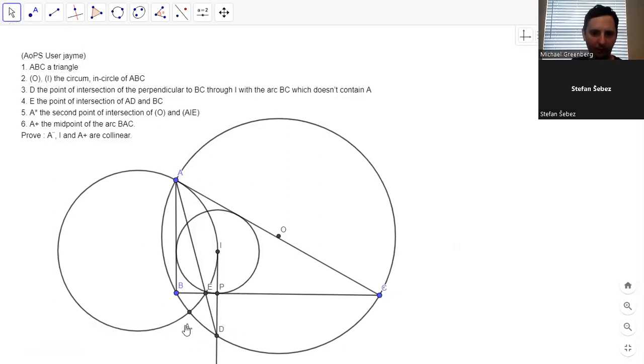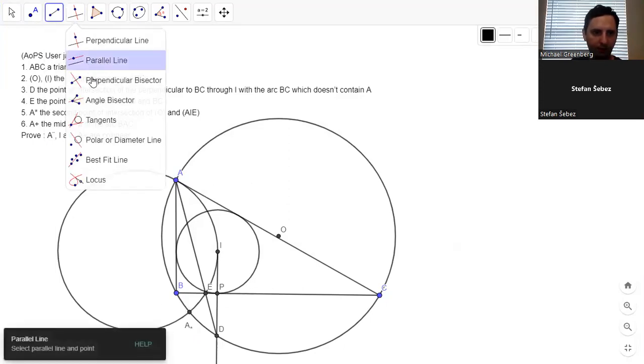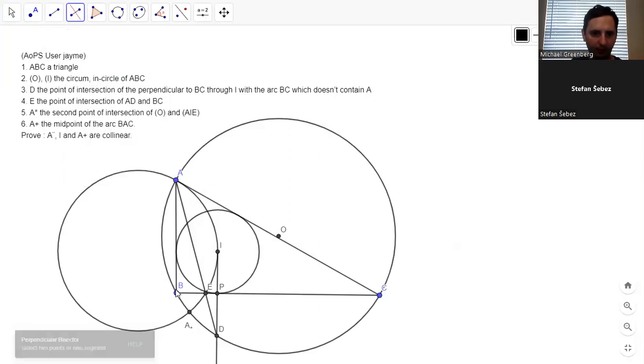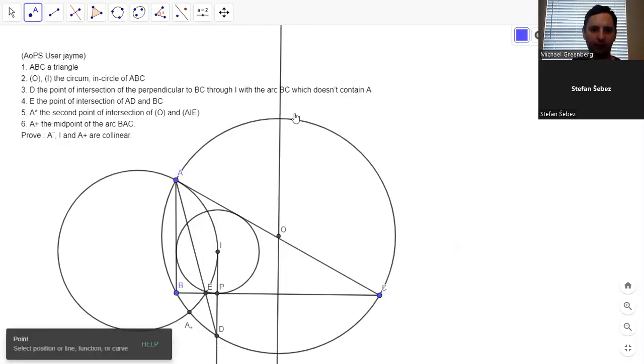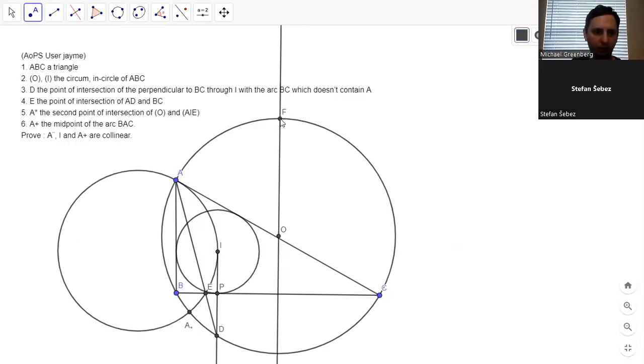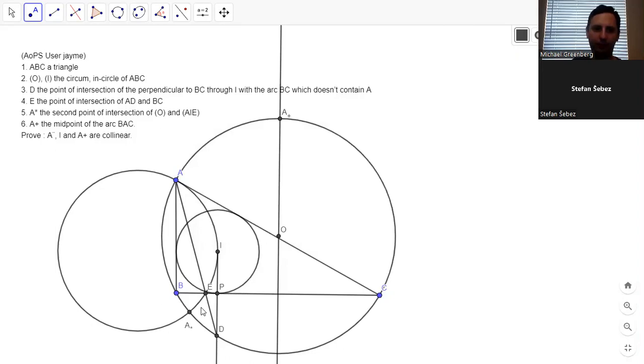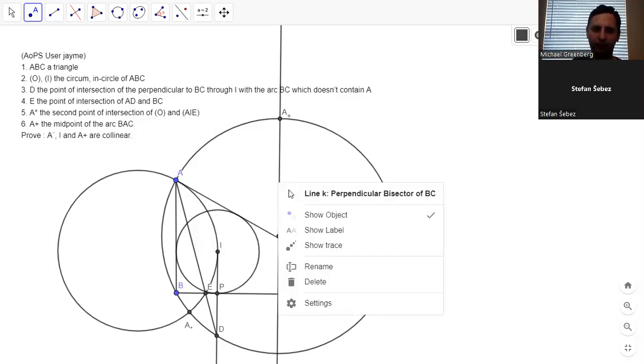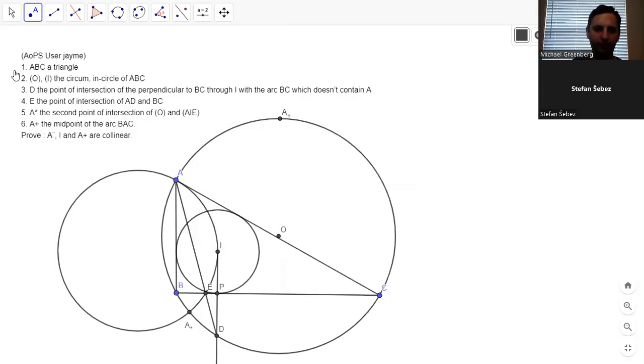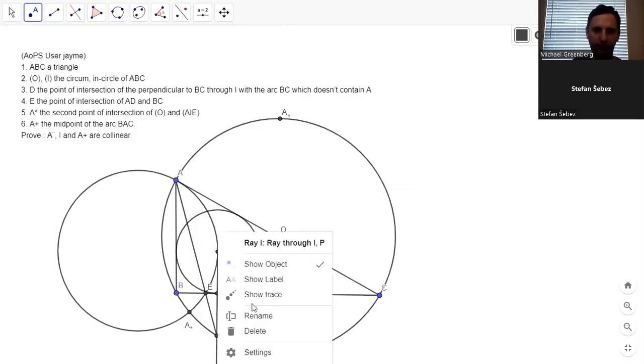Oh well. And then the midpoint of arc BAC. I think we just want to show that A star is the point of tangency of the mixtilinear incircle. So we don't really need A plus, I guess.